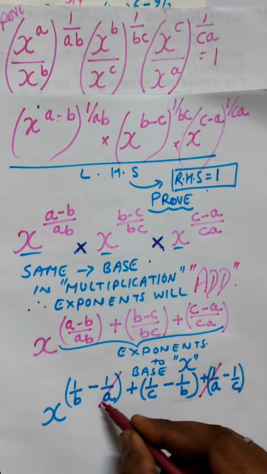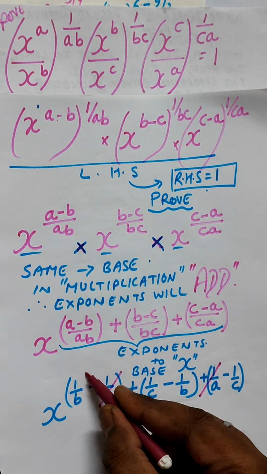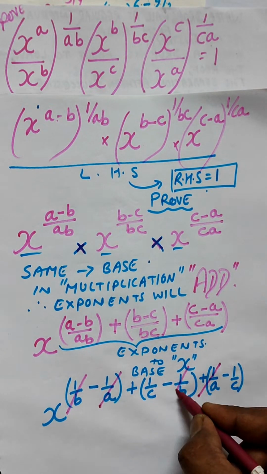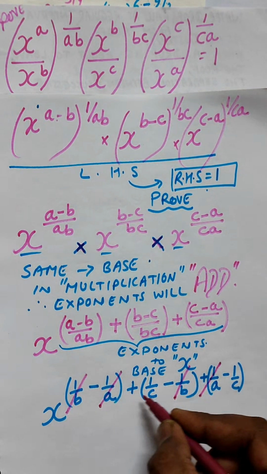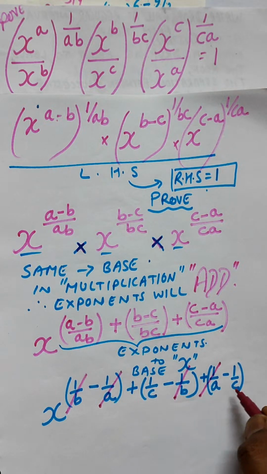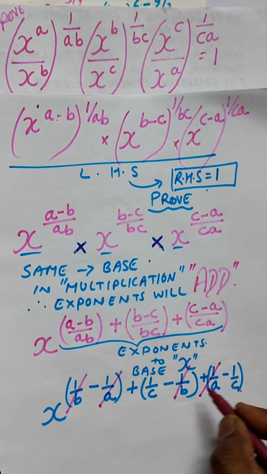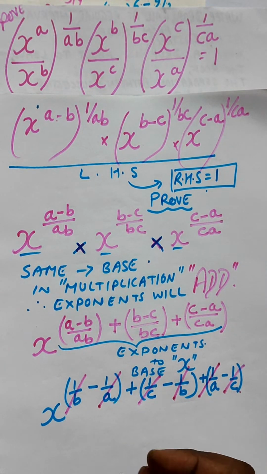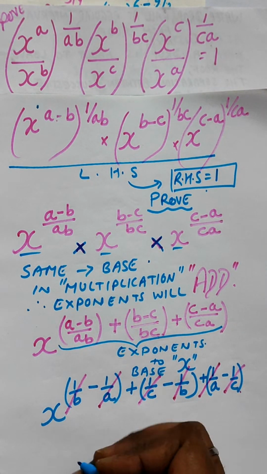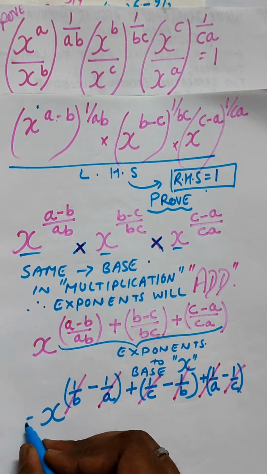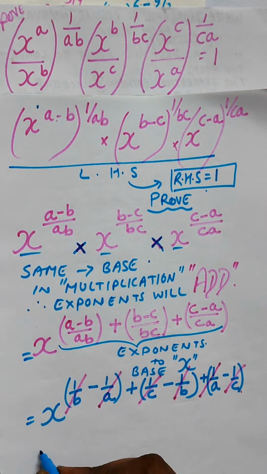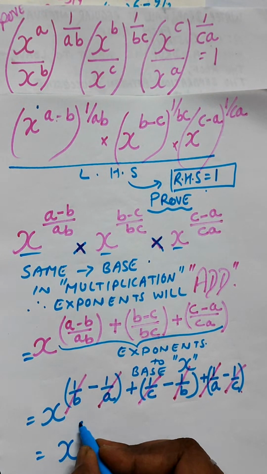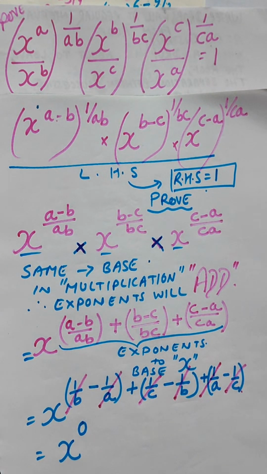This 1 by b with positive sign will cancel out minus 1 by b, and this 1 by c with positive sign will cancel out minus 1 by c, right. So this will give you x power, nothing remains, so it will be 0, right.